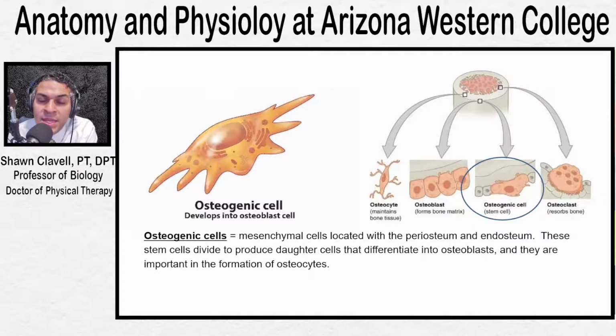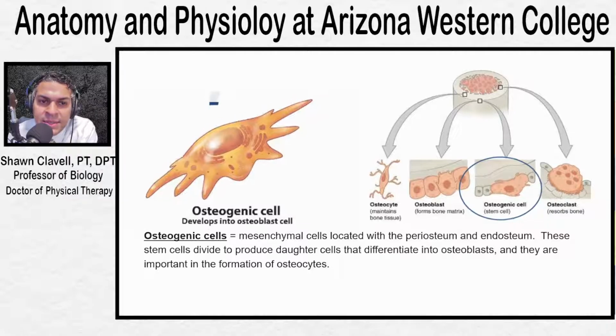So remember, mesenchymal cells are adult stem cells of the connective tissue variety. They're located within the periosteum as well as the endosteum. These stem cells divide to produce daughter cells that differentiate or specialize into osteoblasts. They're also important in the formation of osteocytes.